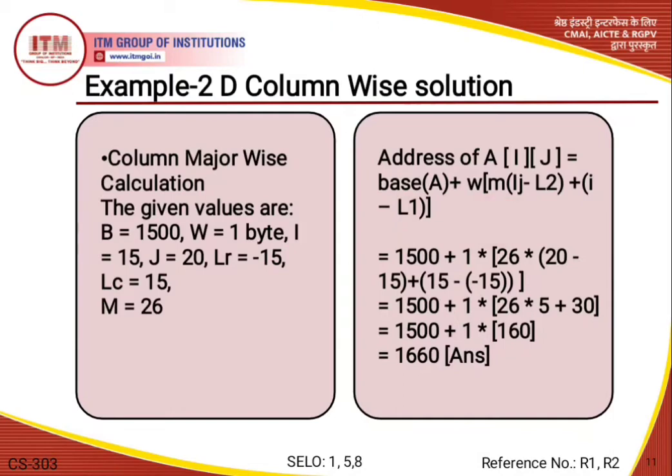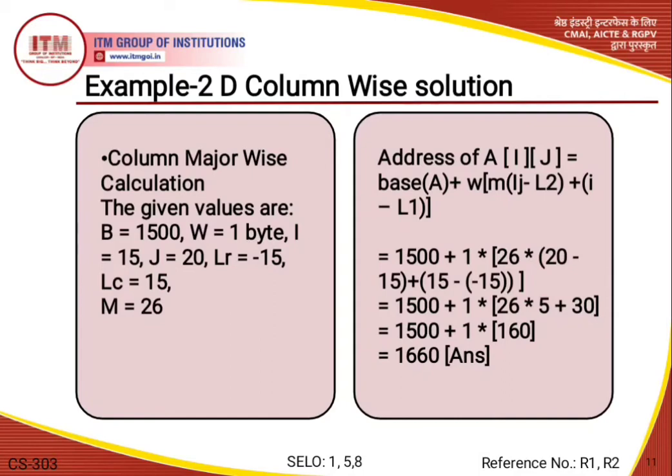So we put these values in this formula, where base A is 1500, plus W is 1 into M, which is 20, and here Ij minus L2, which is 20 minus 15, and plus I minus L1, which is 15 minus 15.